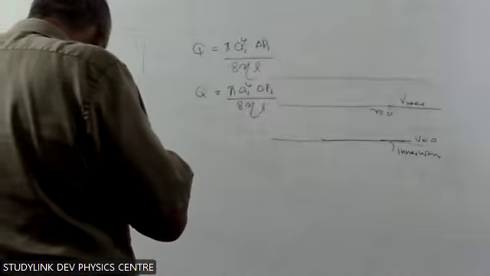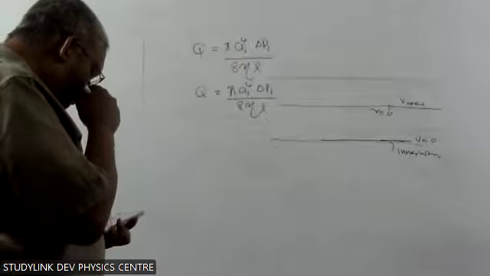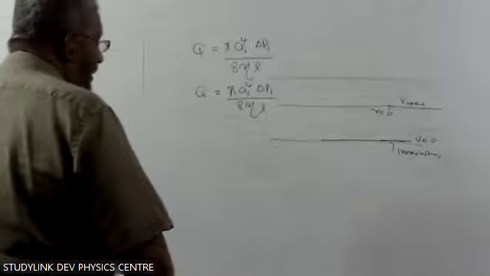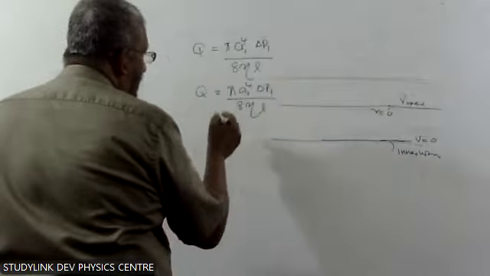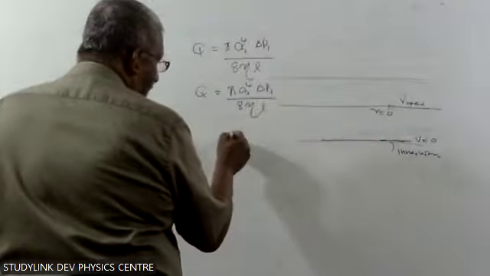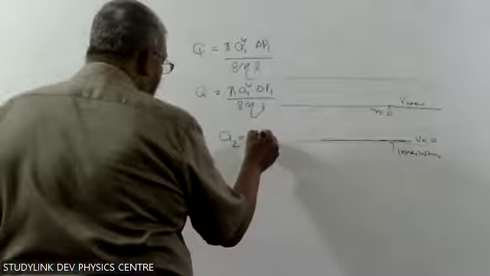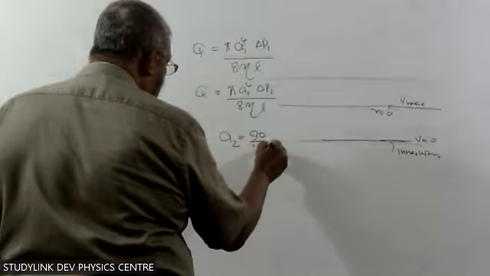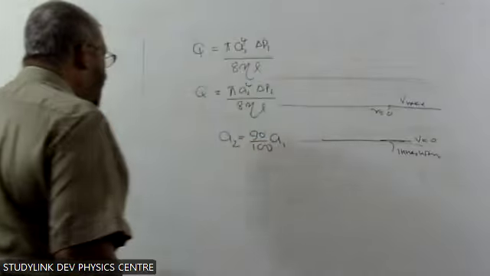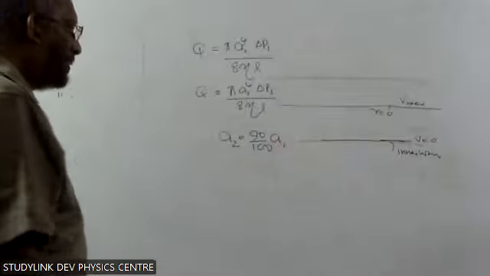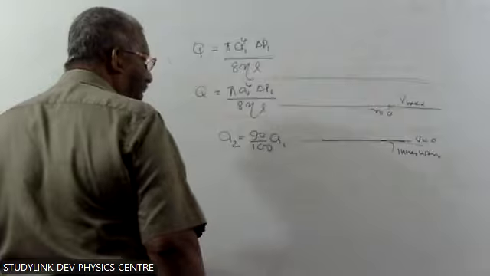The internal radius of the metal tube is decreased by 10%. That means A2 is equal to 90 divided by 100 of A1. 10% reduced means 90% remaining.